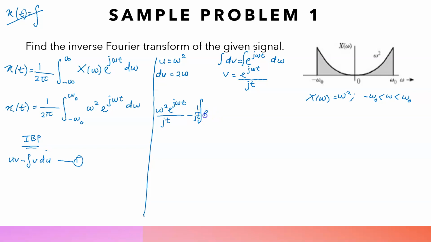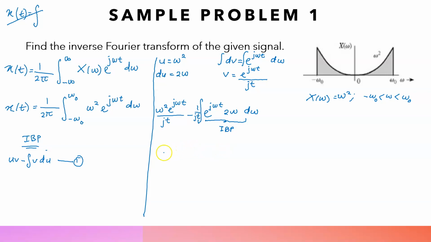So you have integration e^(j omega t), du is 2 omega, with respect to d omega. Now we have these two again, so you can choose again. For this part, do integration by parts again.